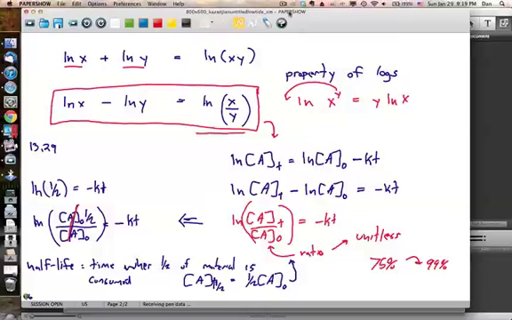Well, as it turns out, ln of 1/2 is a constant. ln of 1/2 is equal to negative 0.693.